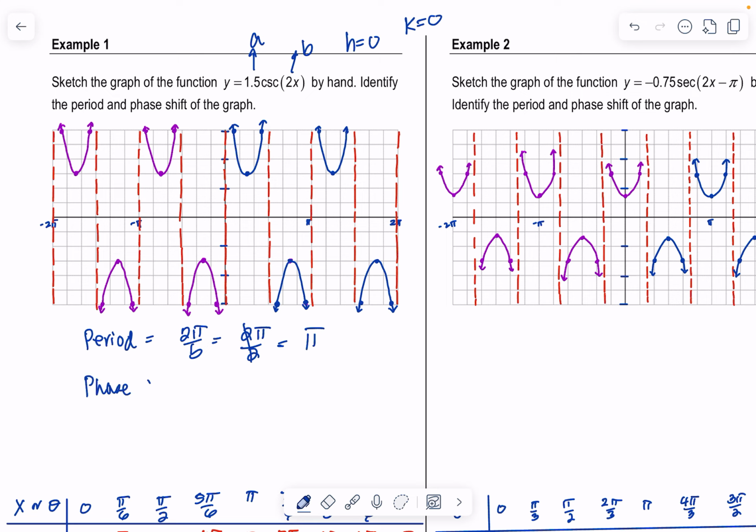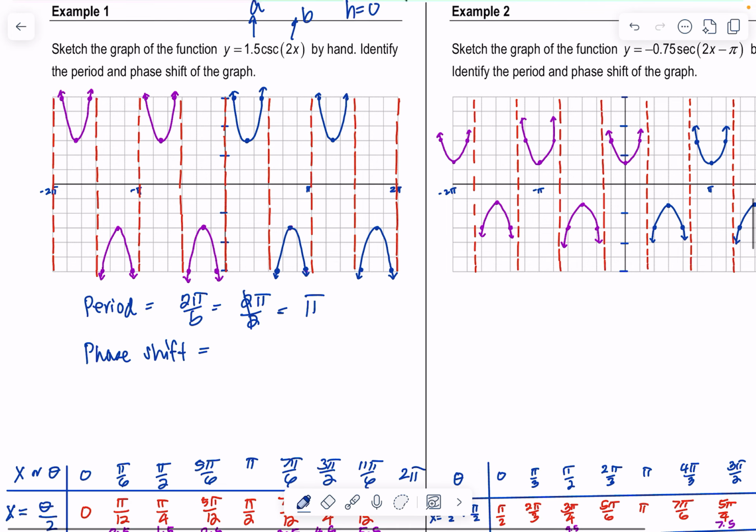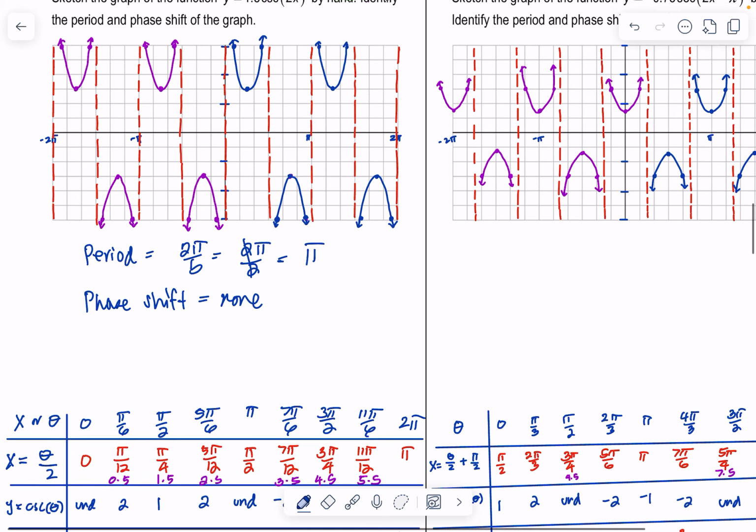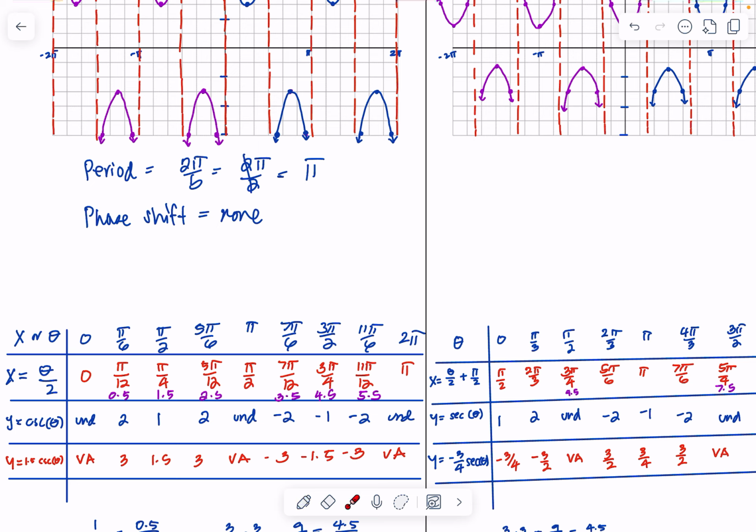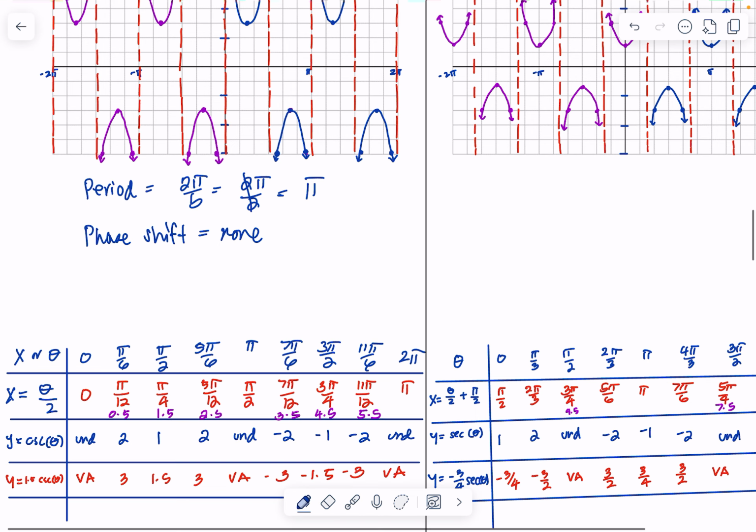And then phase shift would be none, and no vertical shift either. All right, so let's start with these values. I got these ones from the chart or from the unit circle. And then our angle relationship, I forgot that.